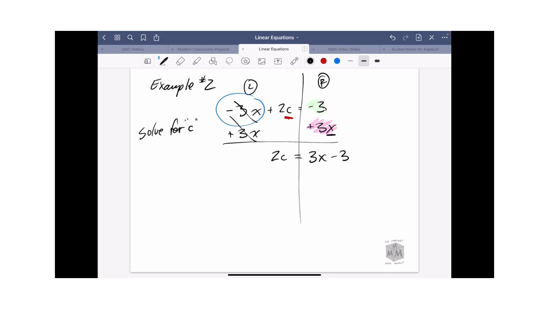So they stay separated, right? Now I have 2 times c on the left. I divide both sides by 2, right? And I have 2 divided by 2 is 1. Oops, sorry, 1c. And that equals 3 over 2 x minus 3 over 2. This is the final answer.